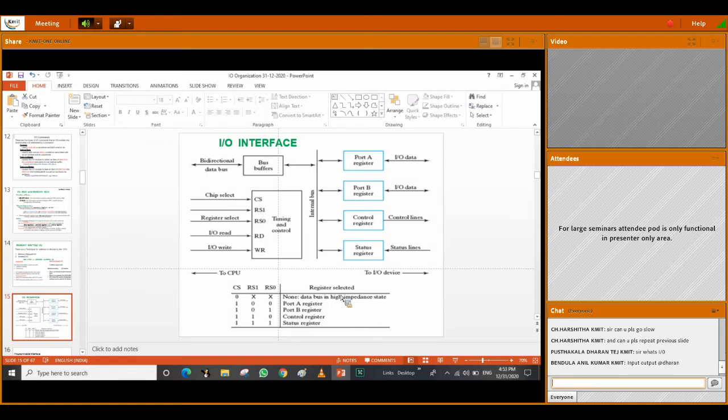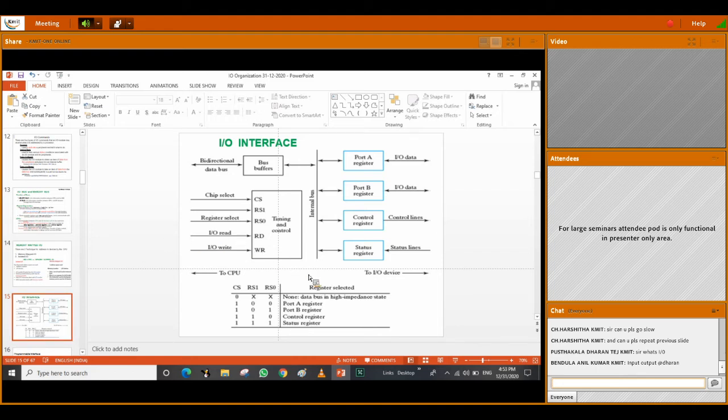The control lines control the peripheral devices, how they follow the instructions. And the status line tests whether the peripheral is connected, whatever we are discussing here, IO commands.